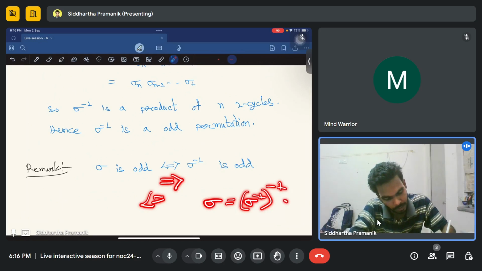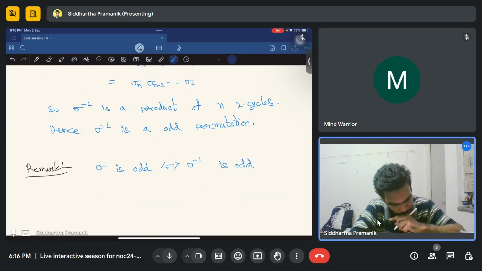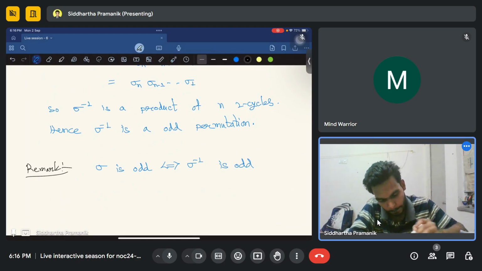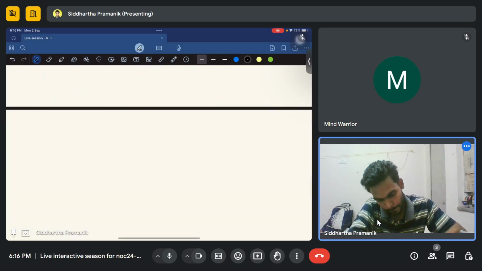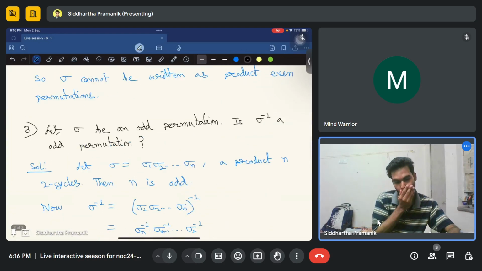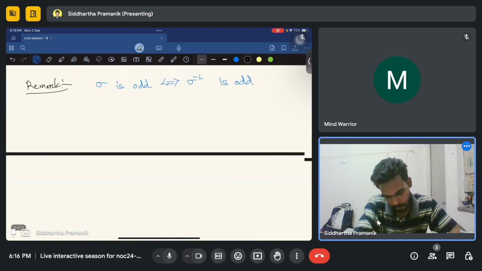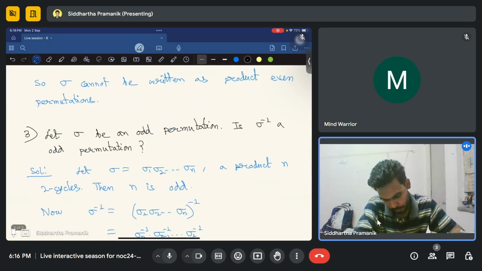So if sigma inverse is odd, its inverse is also odd. So sigma is odd. And the same happens for even permutations. So this is also worth remembering. Okay, this is problem number 3.